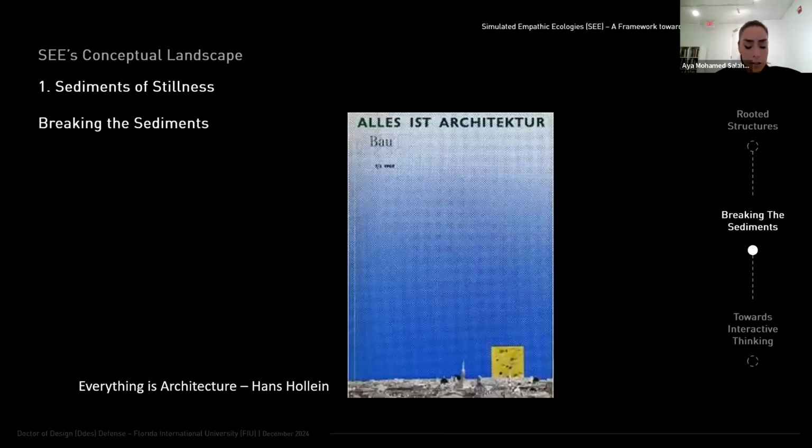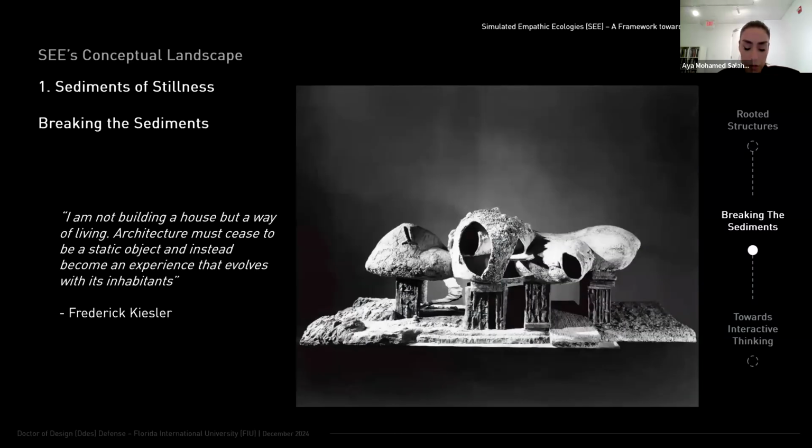So we start seeing this breaking of static and almost inert architectural thinking. Now, obviously, we cannot speak about 60s and 70s architectural thinking without mentioning Frederick Kiesler, and this quote here that says, "I'm not building a house, but a way of living.